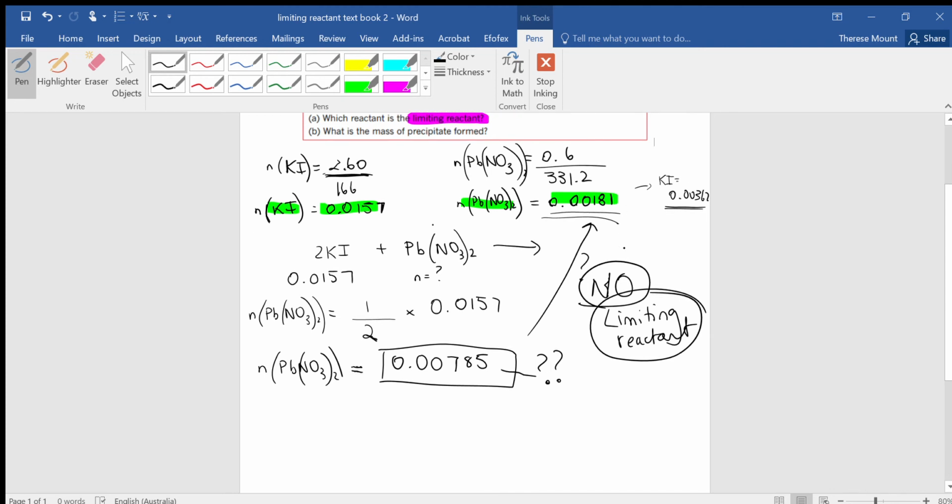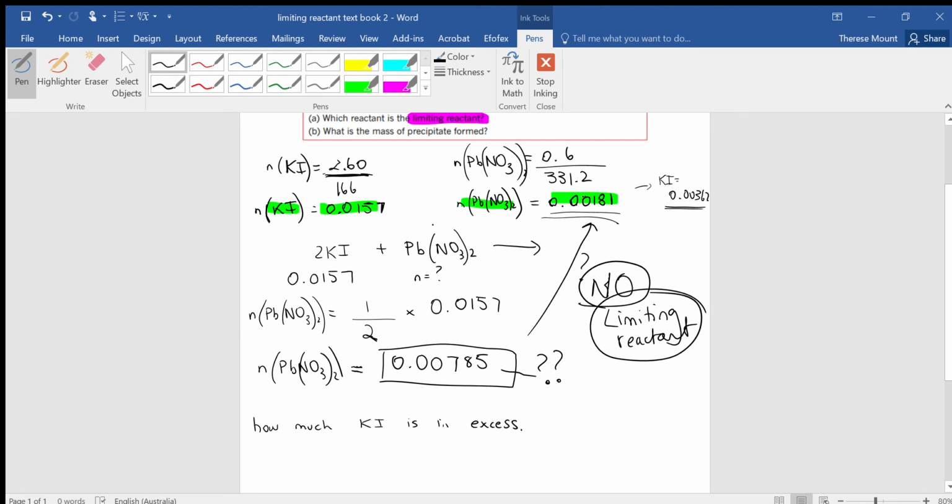Now, if the question asked how much potassium iodide is in excess, well, you know that lead nitrate is your limiting reactant. All of that's going to be used up.